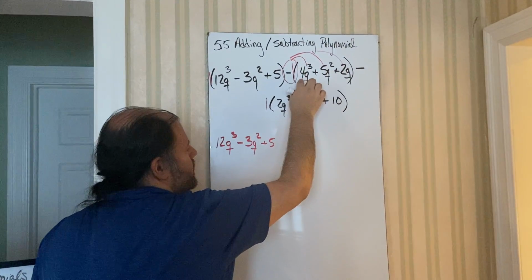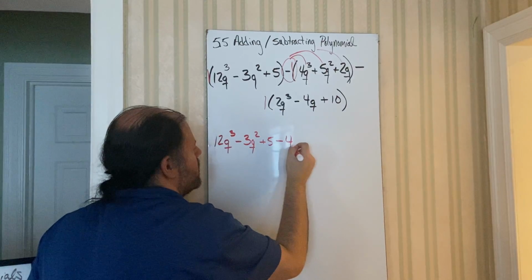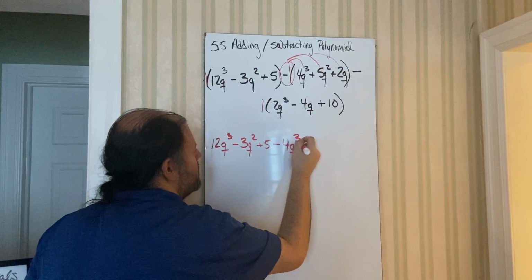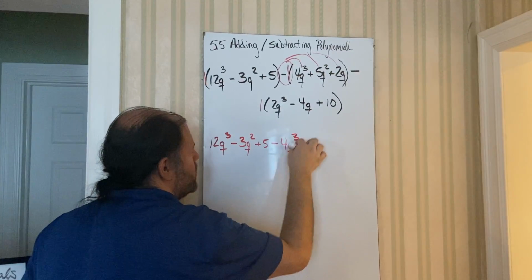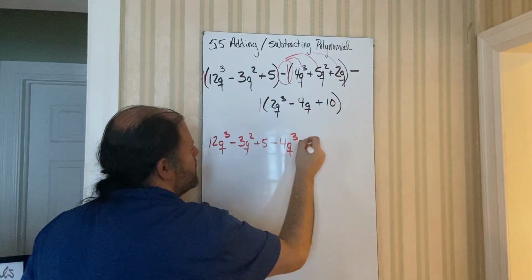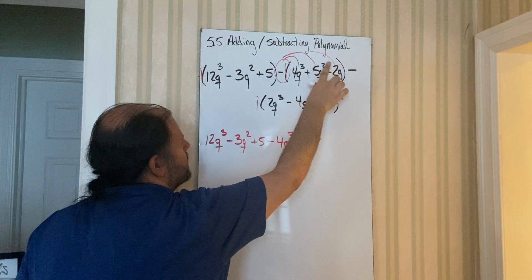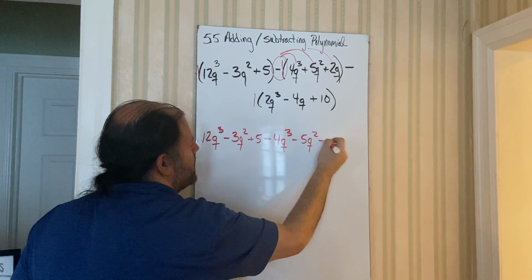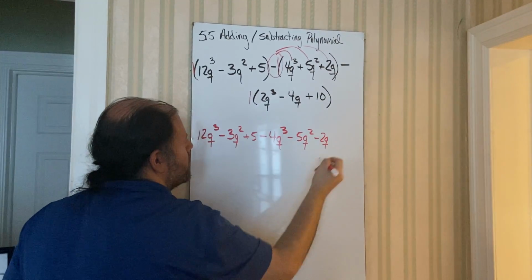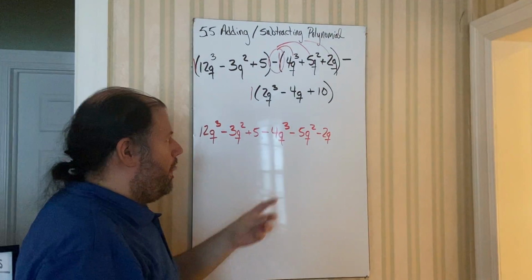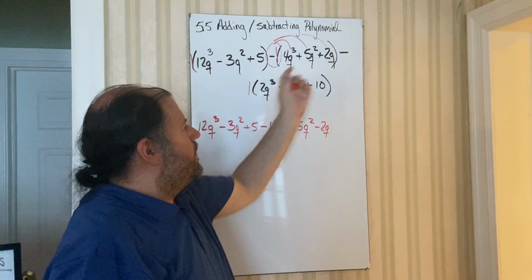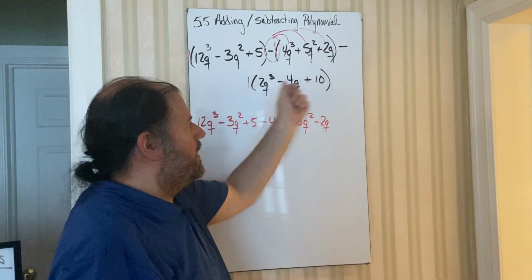Negative 1 times 4q cubed will be negative 4q cubed. Negative 1 times this will be negative 5q squared. Negative 1 times positive 2q would be a negative 2q. Now be careful here. The negative 1, okay?